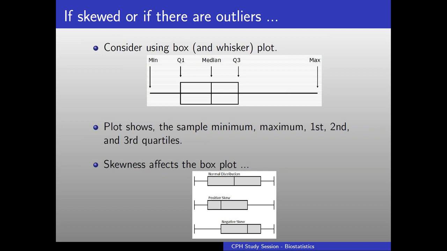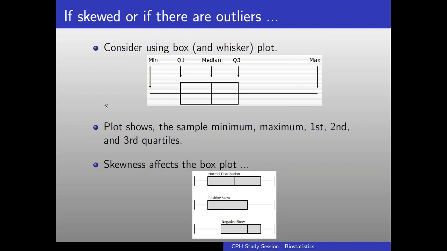The left end of the box, or the bottom end if it's vertical, is the first quartile. There's a line in the middle of the box that indicates the median, or the second quartile. And then the top of the box, or the right side of the box here, is the third quartile. The third quartile minus the first quartile is the interquartile range.